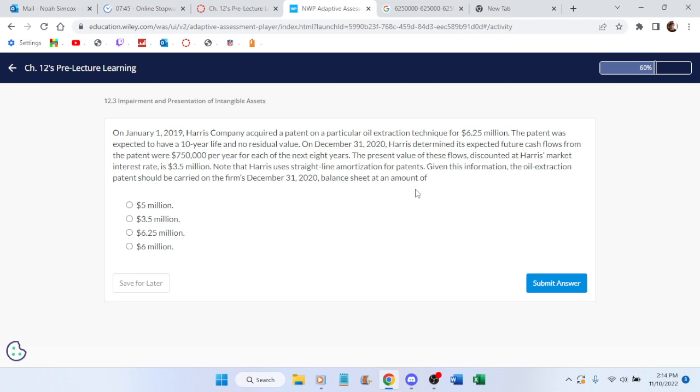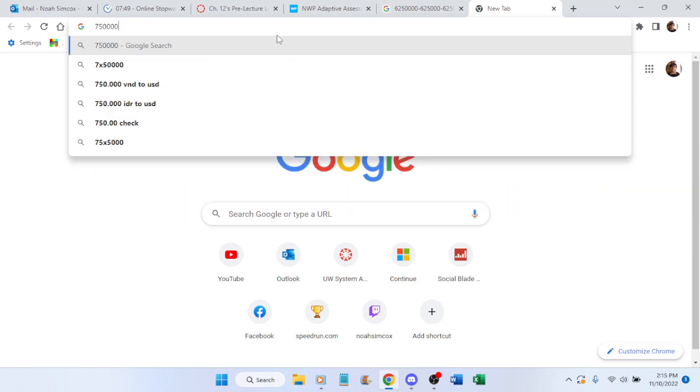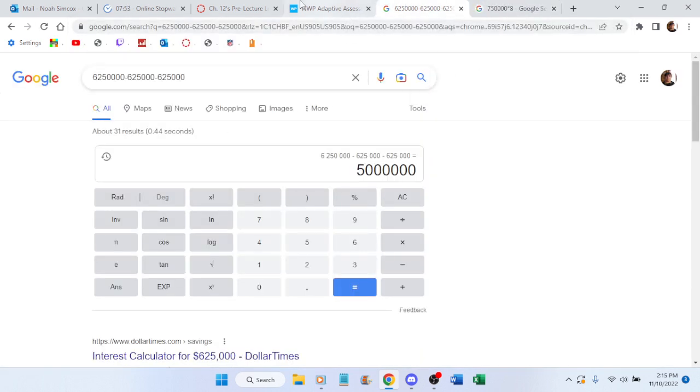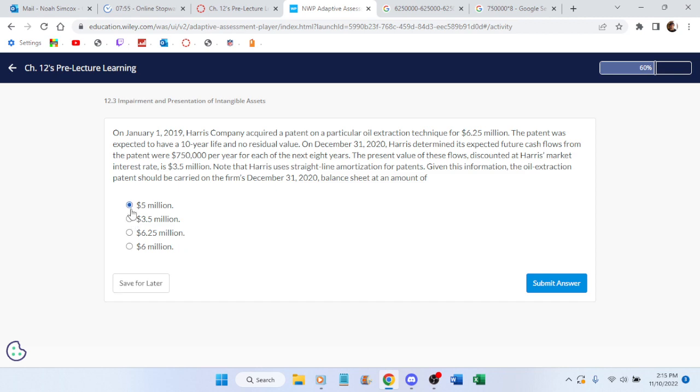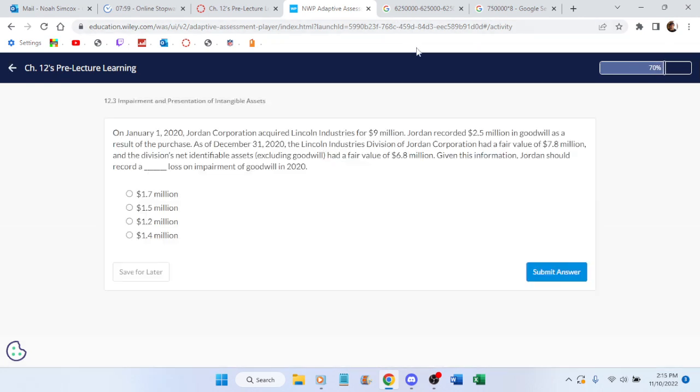What you do is 750 times 8. Their expected cash flows is 6 million, more than this, so therefore 5 million. No, stop giving me math questions. I thought this whole chapter would be conceptual stuff, but no, it's not.